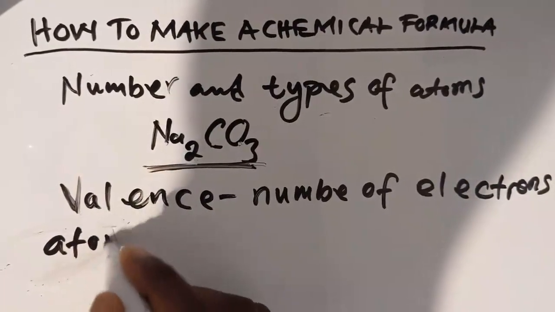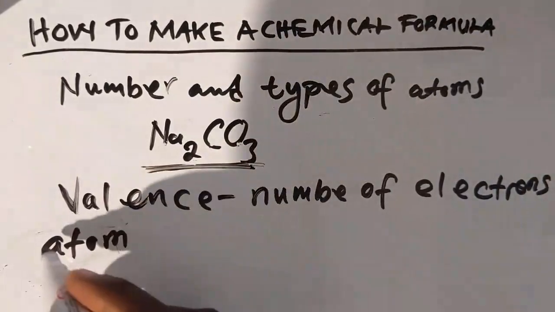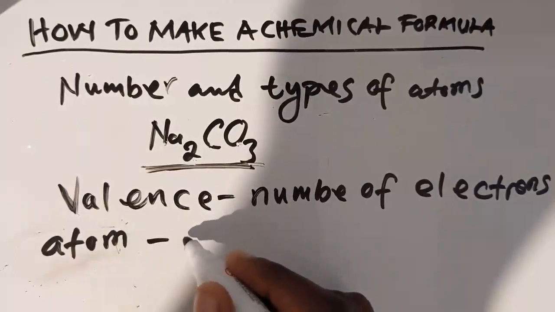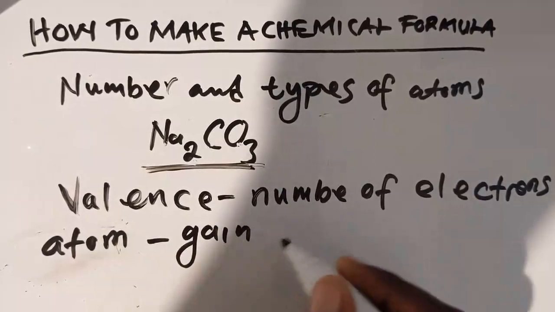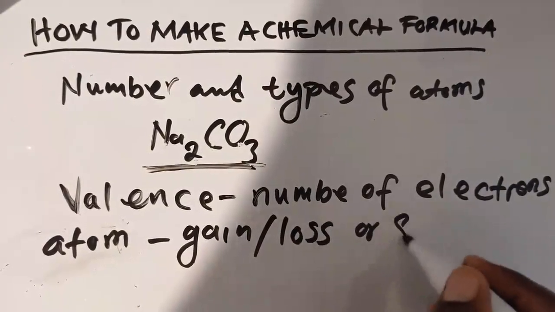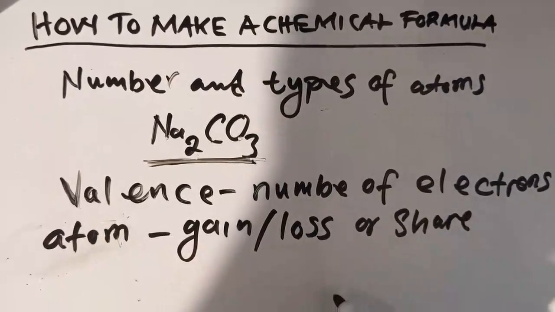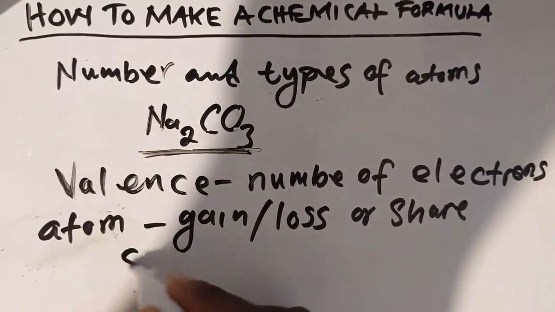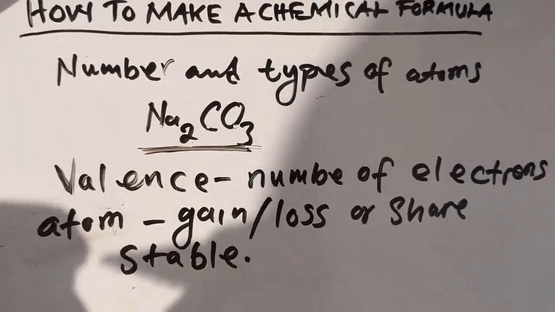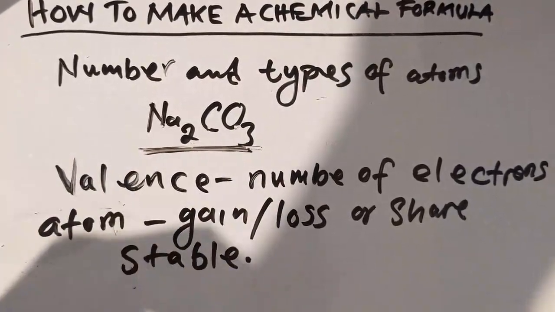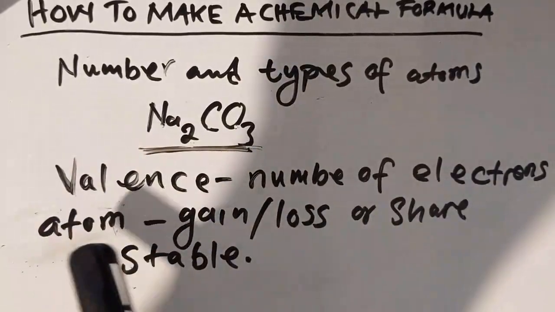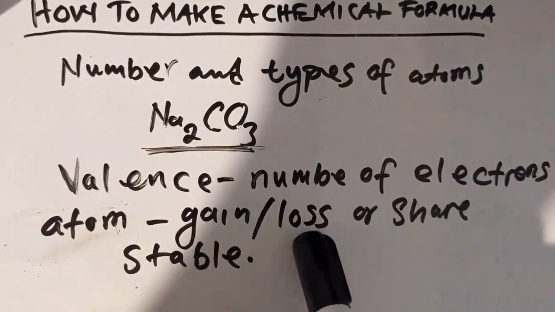A valence number is the number of electrons an atom can gain, lose, or share in order for it to be stable.